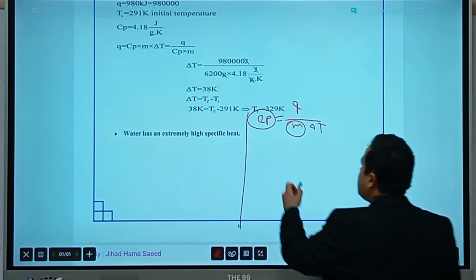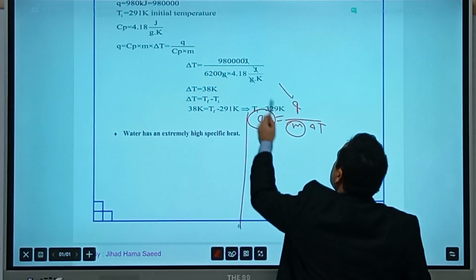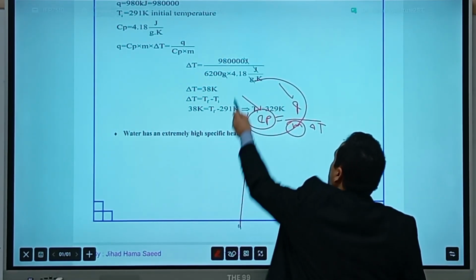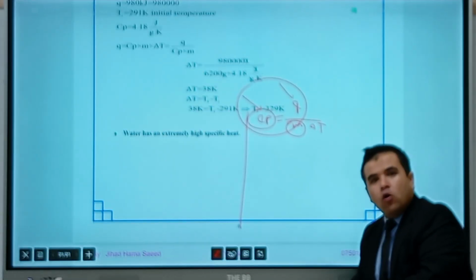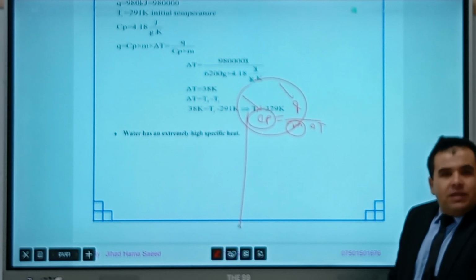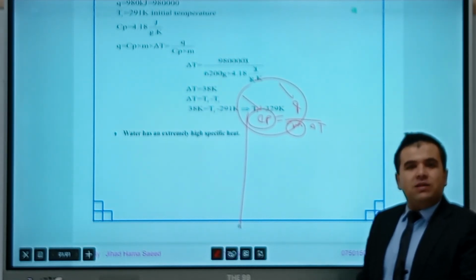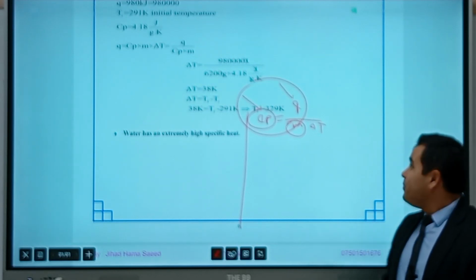Guys, the relation: absorption of heat is Q. Q, how it changes with the capacity, which is the Cp, is directly proportional. So the one that we heated more absorbs a high amount of heat, despite equal Cps. They have the same capacities, but when we provide more, it absorbs more.